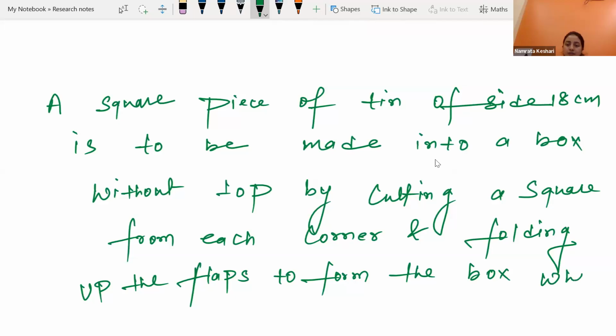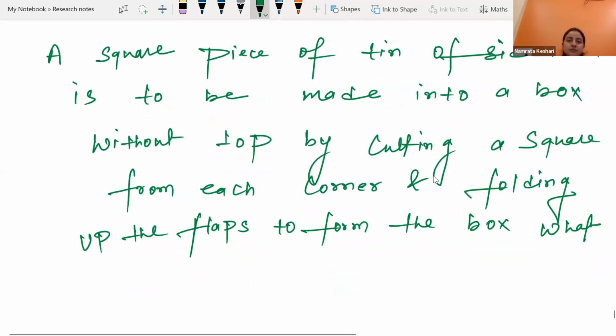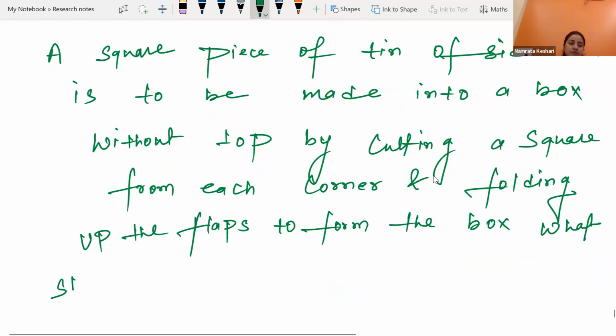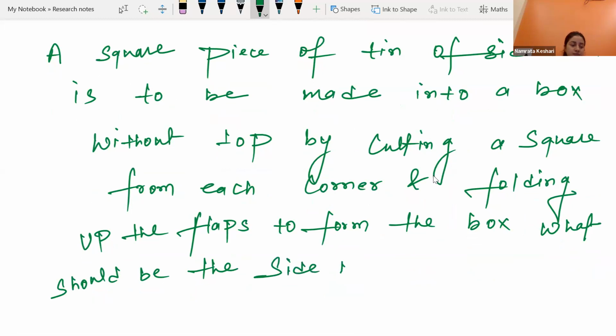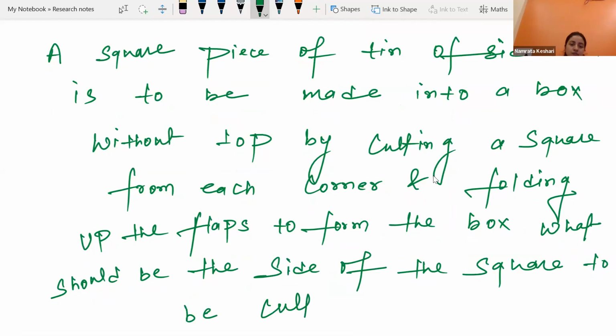What should be the side of the square to be cut off so that the volume of the box is maximum.